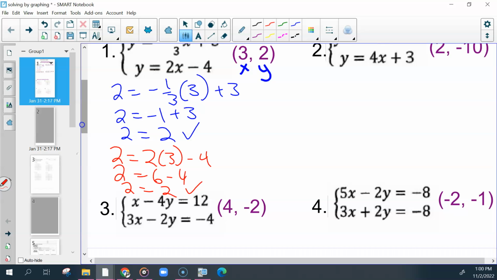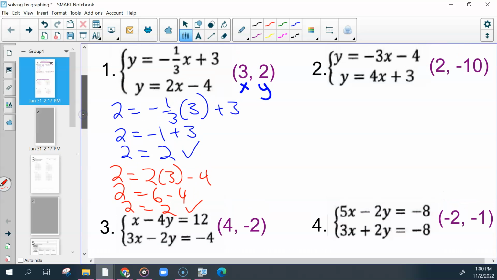So because they both work, I can say this is the solution to these equations. Do we have any questions on that?